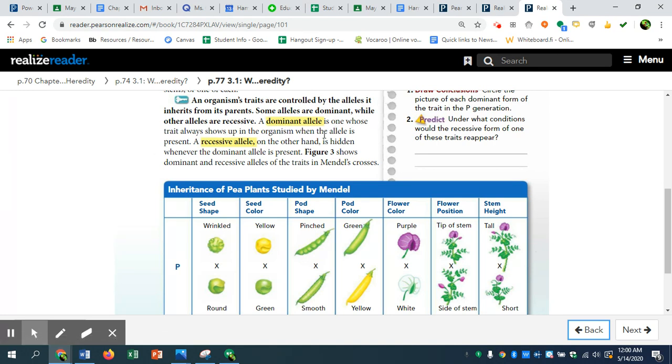A dominant allele is the one whose traits always show up in the organism. So it's the one that you see. The recessive allele is hidden. If you inherit a dominant and a recessive allele, one from one parent, one from another parent, you're only going to see the dominant trait. So if being tall is the dominant trait for a pea plant, but one of the parents is short, and you inherit one tall and one short allele, you're going to be tall.